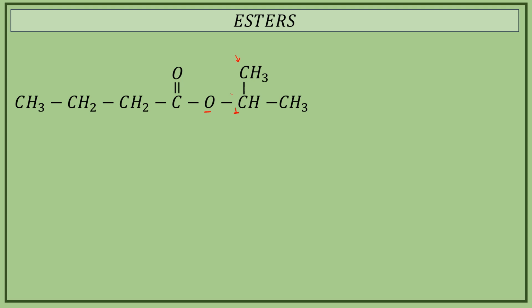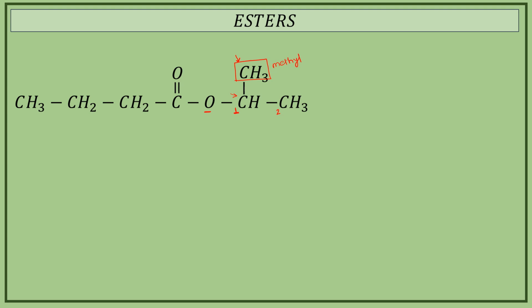So this carbon atom will be given position 1 first, and then we will go on numbering and find out the longest carbon chain. So there will be a chain length of two carbon atoms in this example, and this group will be treated as a substituent. This is a methyl group.